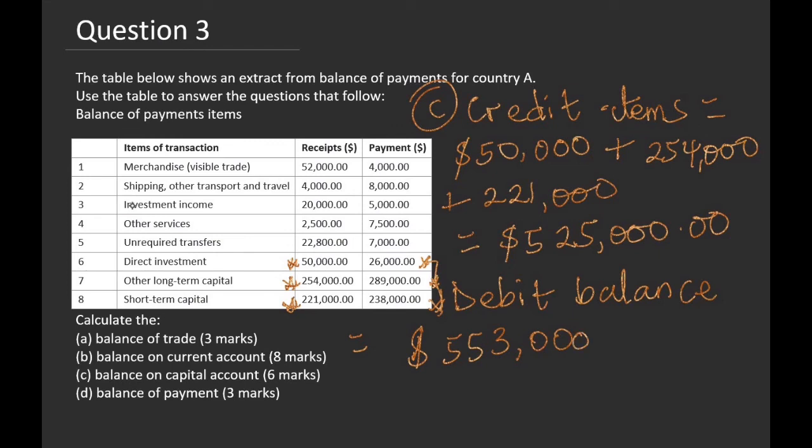So the balance on capital account will be credit items 525,000 minus 553,000. Take note of this.